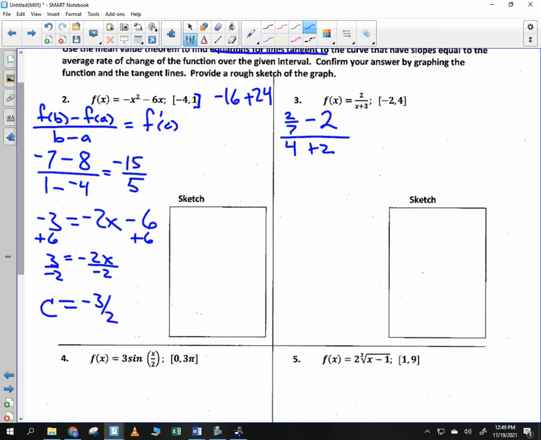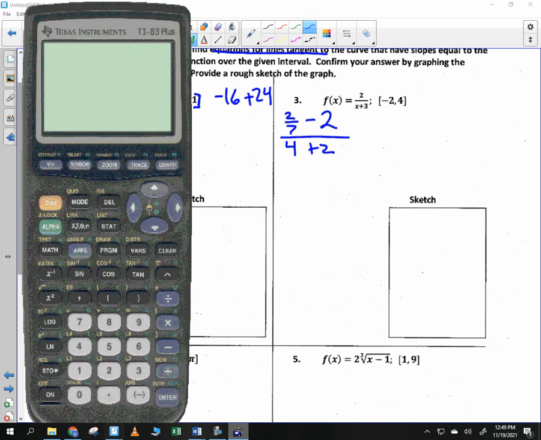Are we okay with that? Let's use our calculator. I'm going to put the top in parentheses: 2 divided by 7 minus 2, divided by the bottom, which I can see is 6. And I get negative 0.286. You okay with that?